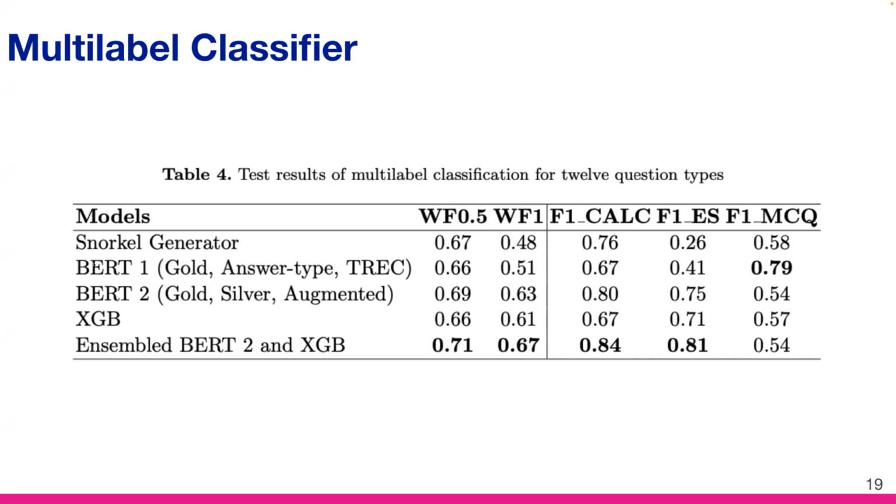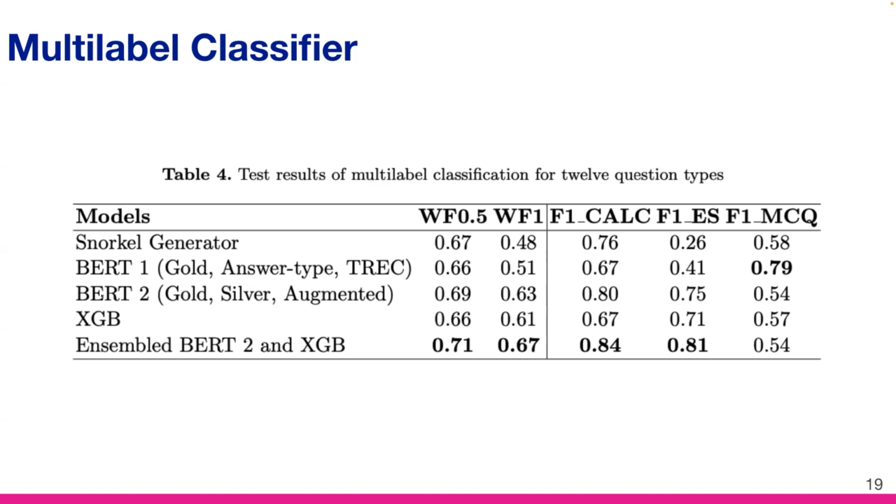So I have Snorkel generator in this table. I have BERT1 that is pre-trained with our 500,000 questions, then trained on the combination of gold set, answer type, and TREC data sets.